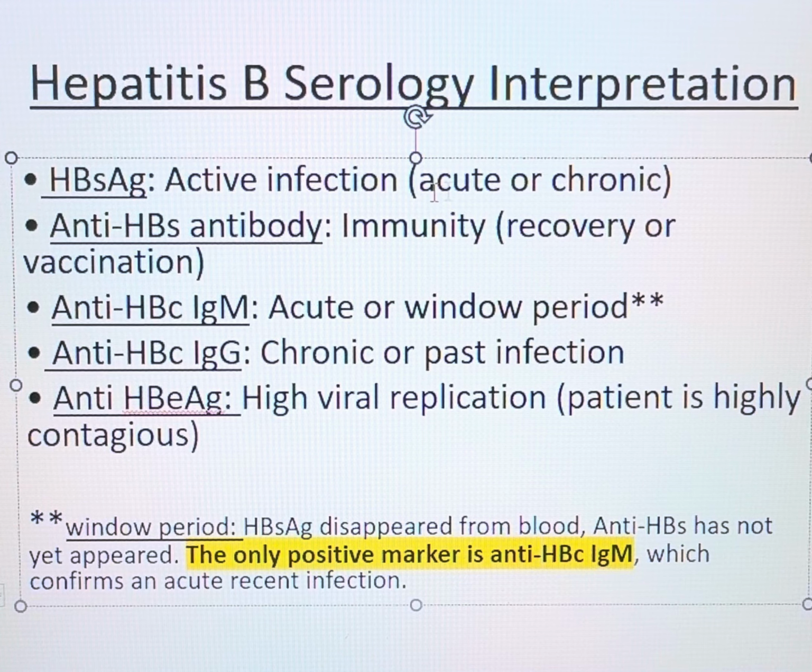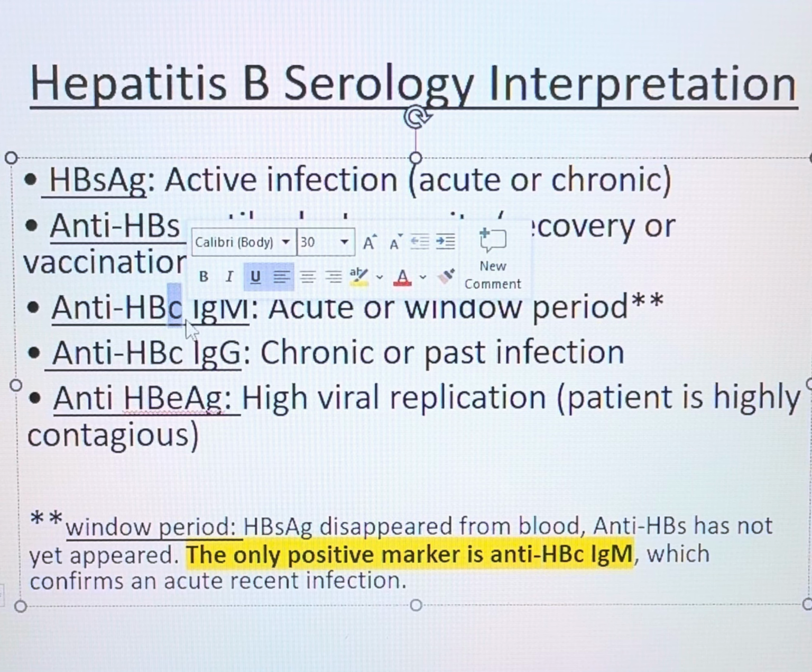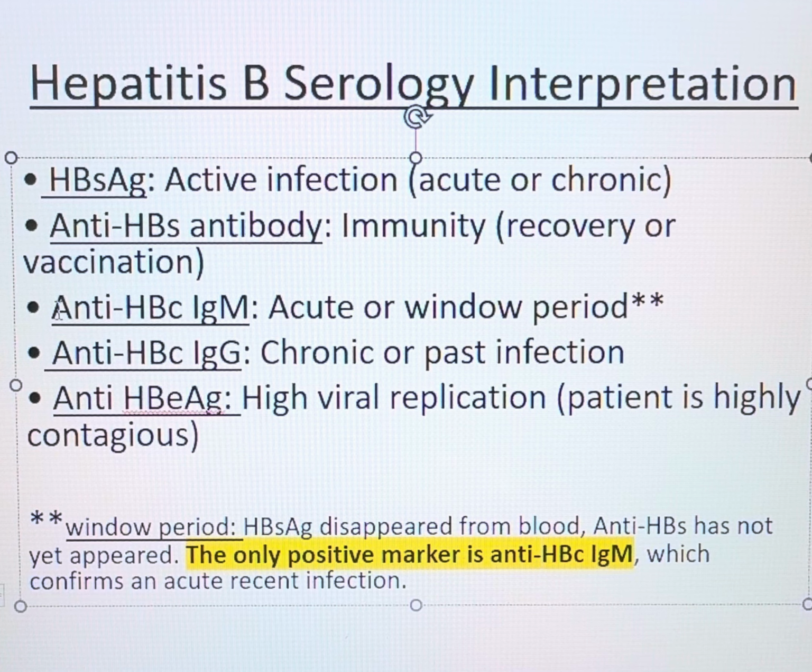Let's talk about how we can compare acute or chronic hepatitis B. Now, there is a core antibody. If there is hepatitis B core IgM, always if we see IgM, then it indicates that there is an acute infection.